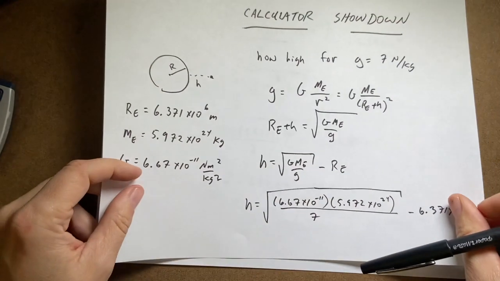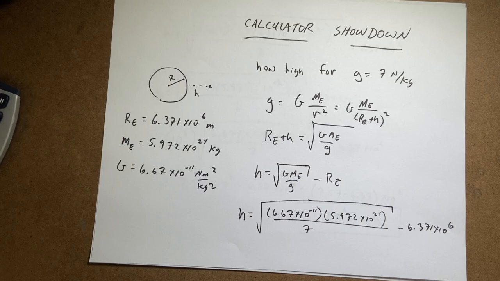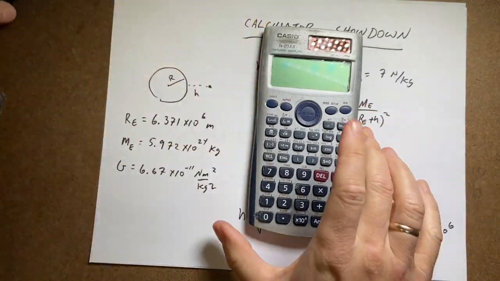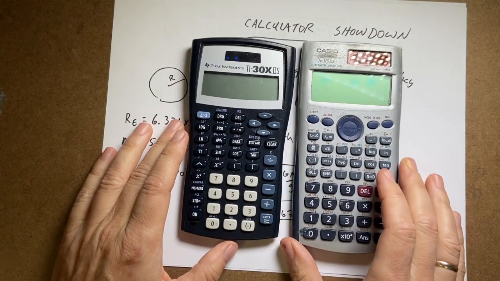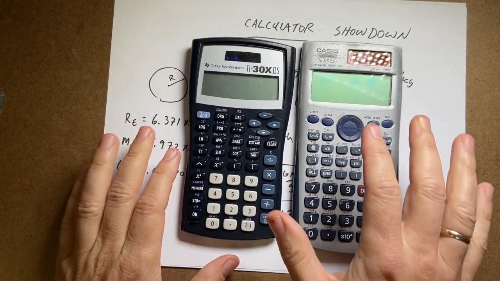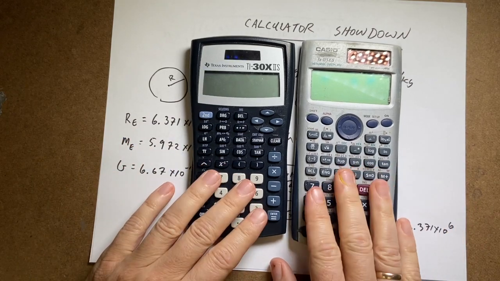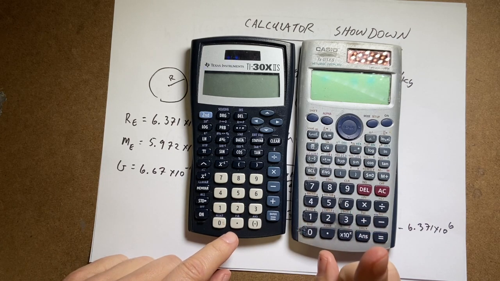Okay, let's go back over to here. Let's do it with another calculator. I'm just going to pick this one. This is a Casio. These two calculators are pretty comparable. This is the Texas Instruments. This is a Casio. I like both of these a lot. They do not have a graphing function, so if you need a graphing calculator, that won't work.